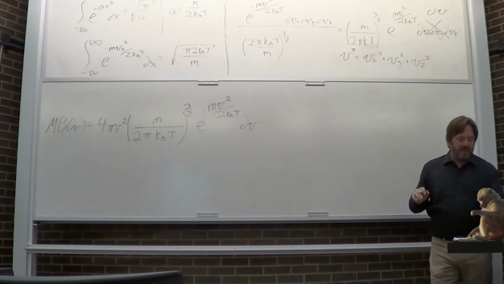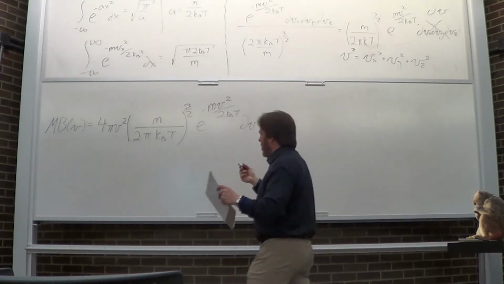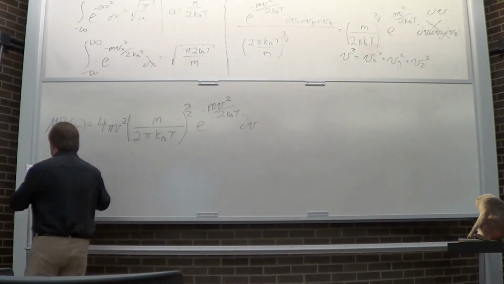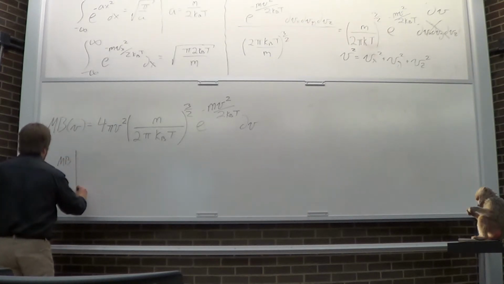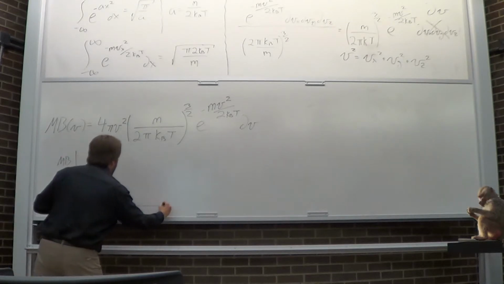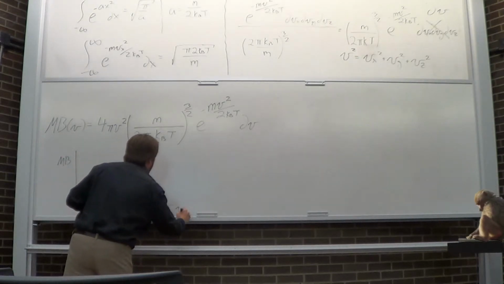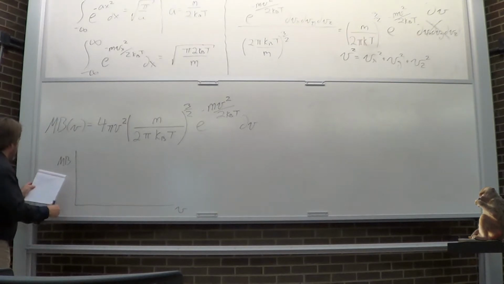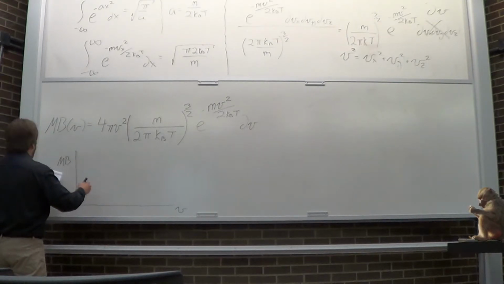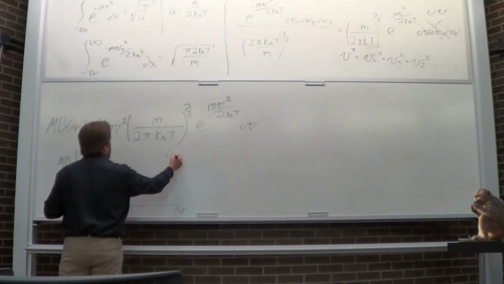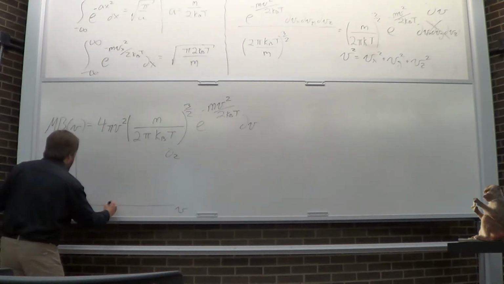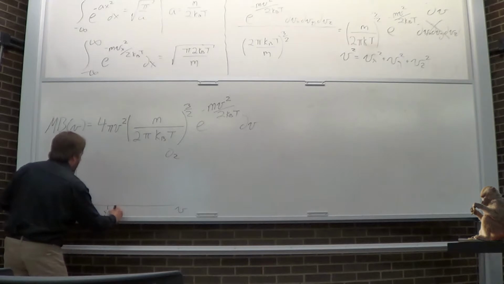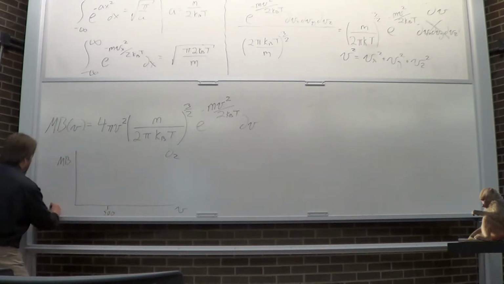All right, now, here's the thing. What we can do is some graphs to show you what this thing looks like, and then we can do some calculations. I mentioned that there's some minutia in terms of what you get out of this. You plug in constants. I plugged in O2, so these are Maxwell-Boltzmann distributions for O2 at a temperature of 25 degrees, and these are in meters per second.